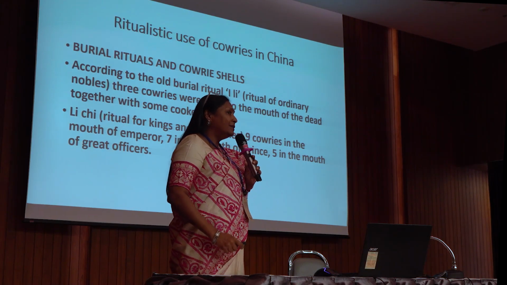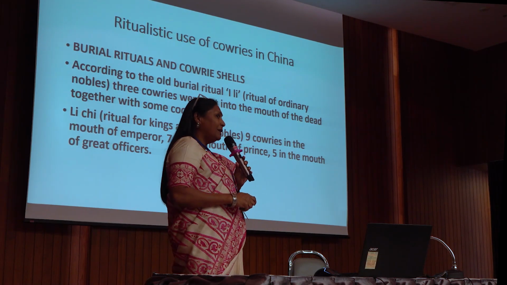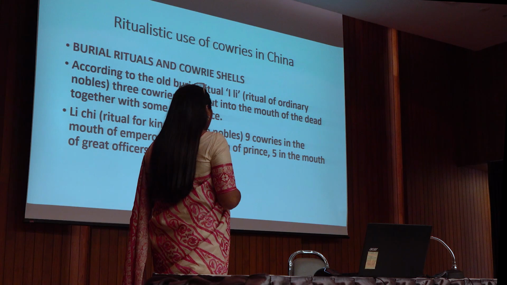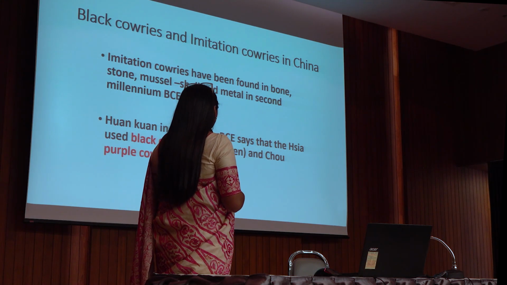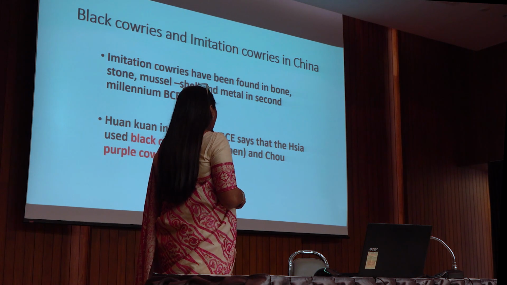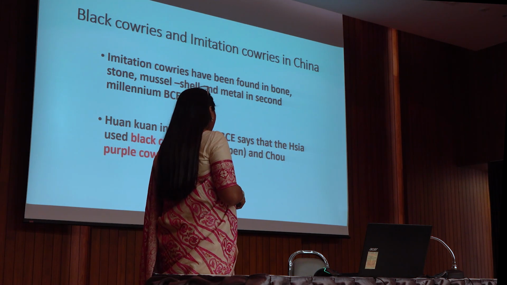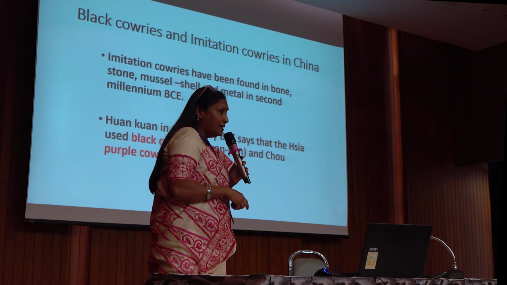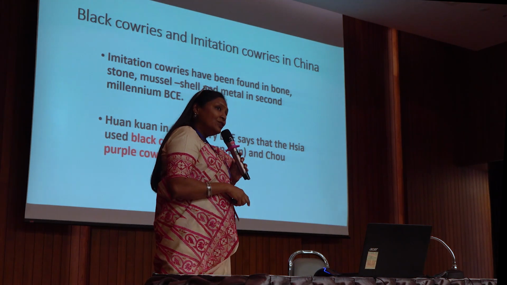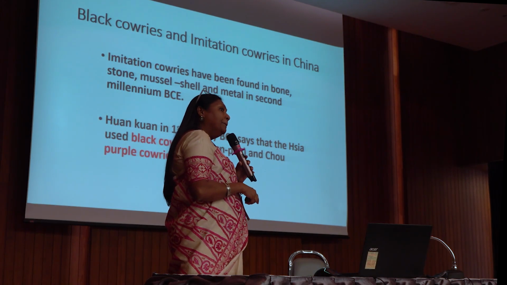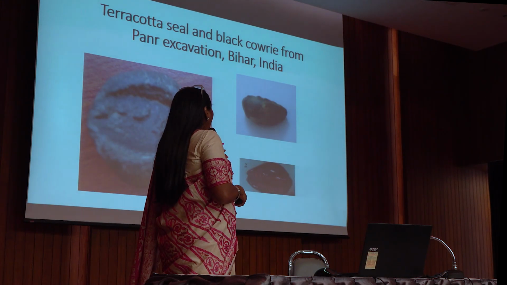Now, in the same death ritual also, we are finding them in the relic caskets. So this practice, does it come from China? We'll question that. But here we got also some reference to the use of black cowrie shells and purple cowrie shells from China in the 1st century BCE. So in the 1st century BCE in China, they were using black and purple cowrie shells as well.